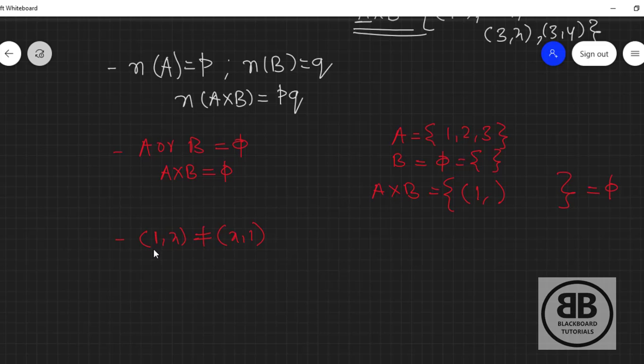Because in this ordered pair, 1 belongs to set A and x belongs to set B, but in this ordered pair x belongs to set A and 1 belongs to set B. So these two are different ordered pairs. So this much we have seen about the Cartesian product.